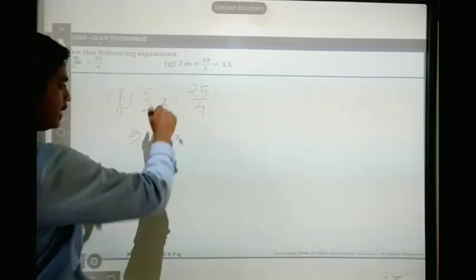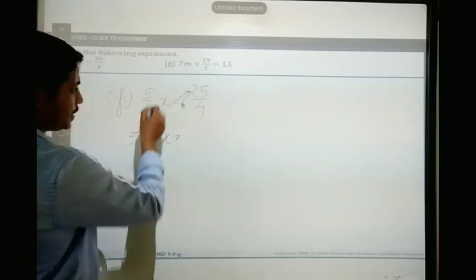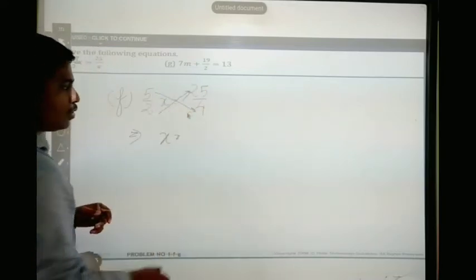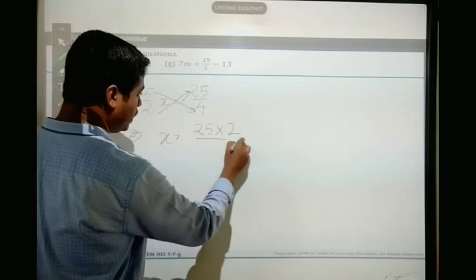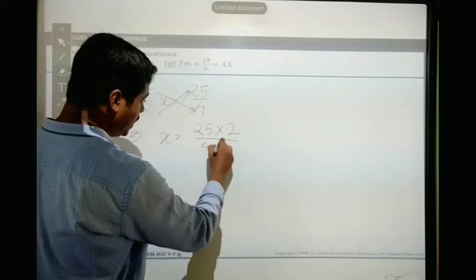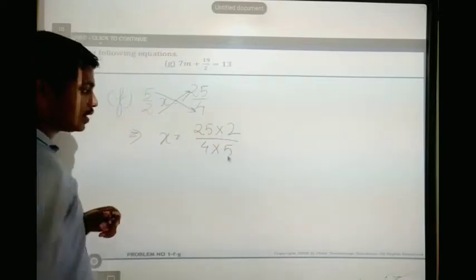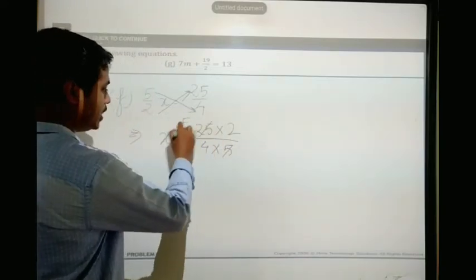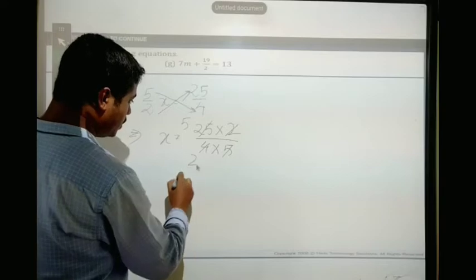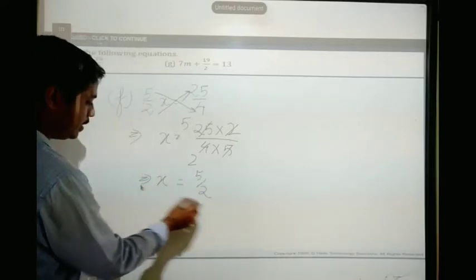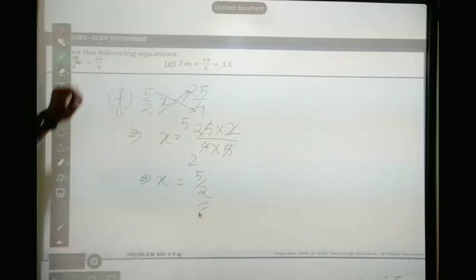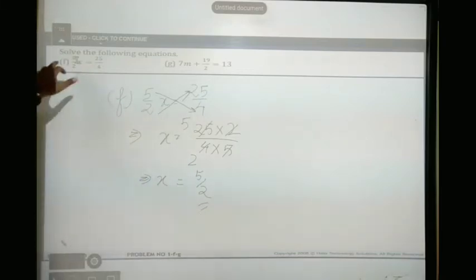You just cross multiply. This 2 will go up, this 5 will go below. So 25 into 2 divided by 4 into 5. So 5 5s are 25, 2 2s are 4. So the left out answer will be 5 by 2. So x equals 5 by 2. This is the answer for your question number F.